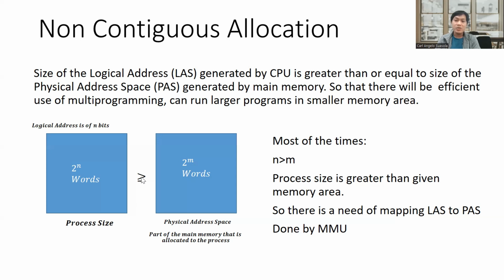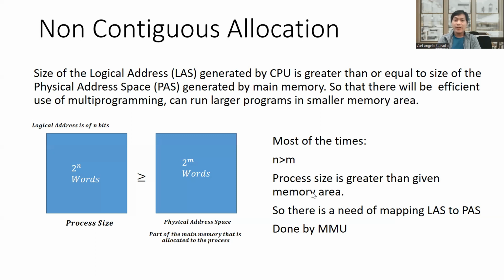It would be greater than or equal to 2 to the m, which indicates the physical address space, the part of the main memory that is allocated to the process. Usually n is greater than m, and process size is greater than the given memory area. So there is a need for mapping the logical address space to the physical address space, which is done by the MMU, the Memory Management Unit.